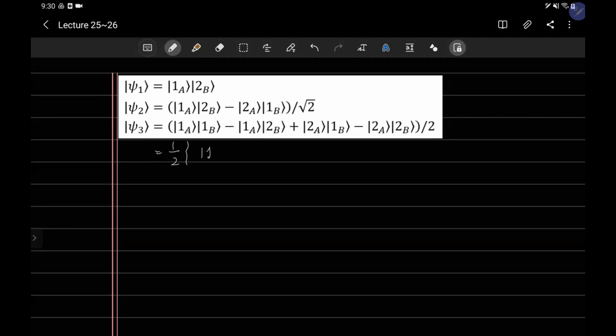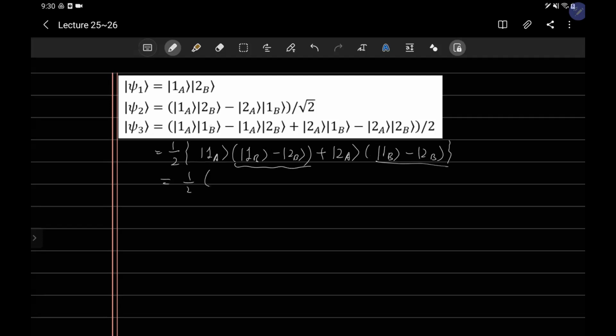And then if you factor out this state, it can be rewritten in this way. And also, if we factor out this part, then it will be just 1 minus 2b like this. And now you can see that there is a common factor like this one.